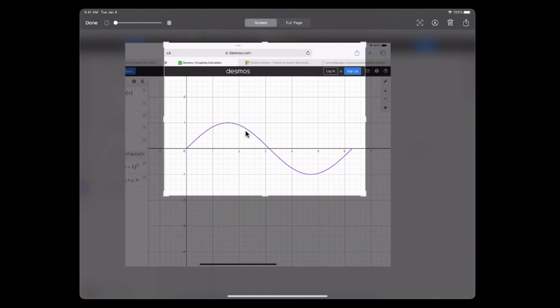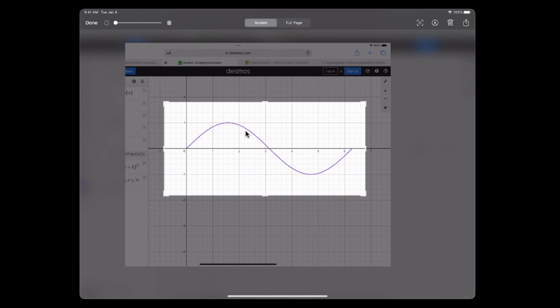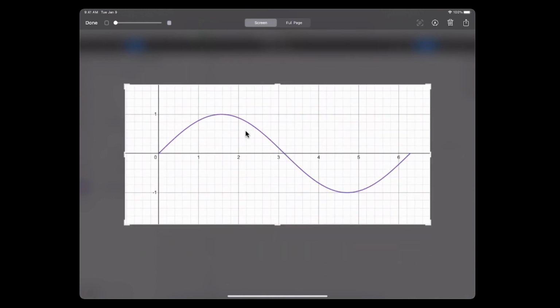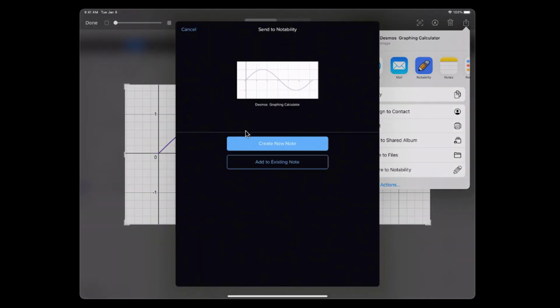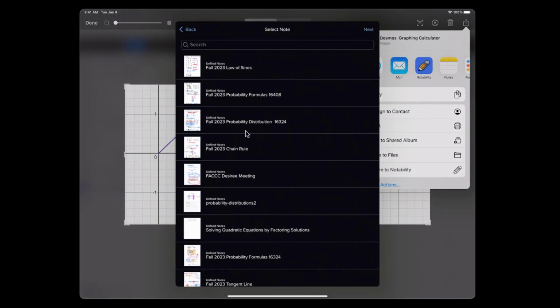Just to go over the details that we care about, like I said, we're going to be graphing this curve extensively after test what? 2. So add to existing no law of sines. There we go.